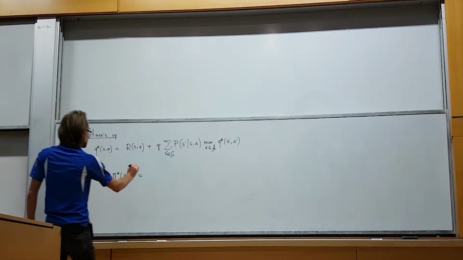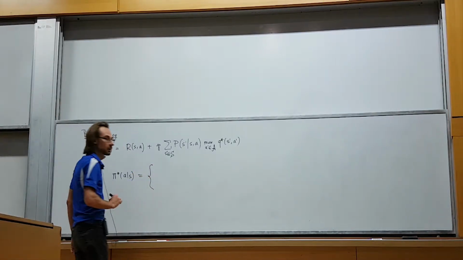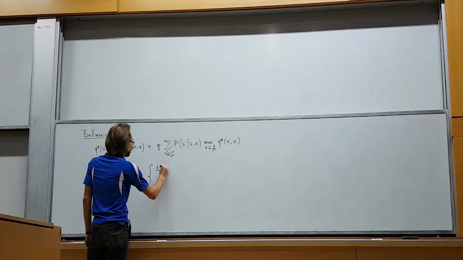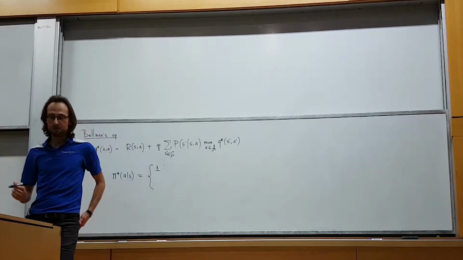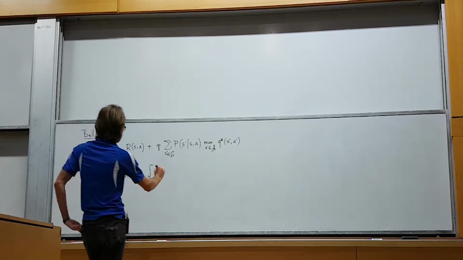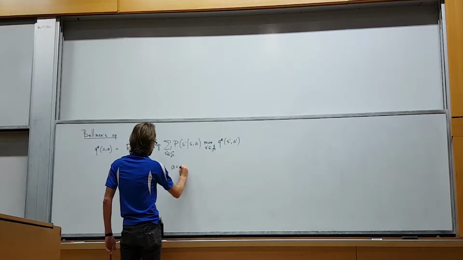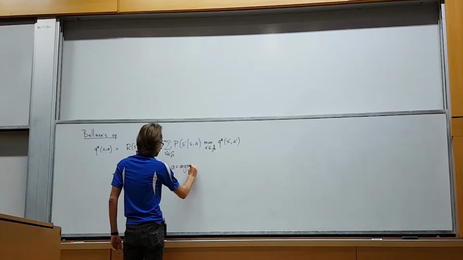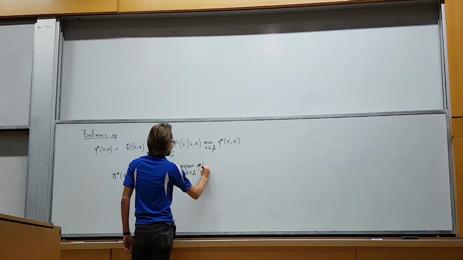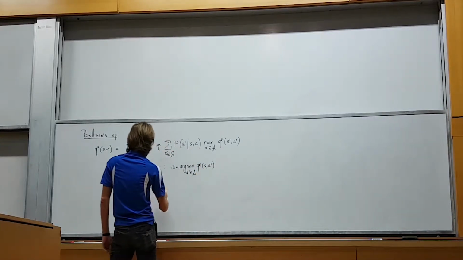So deterministic means that this will be a singleton distribution. It will be equal to probability 1 if A is exactly the arg maximum of Q star, and 0 otherwise.